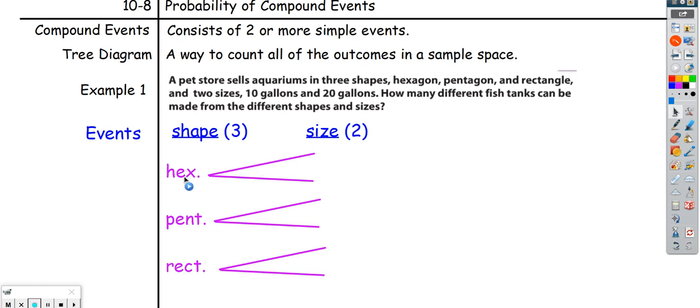Now, if I have a hexagon-shaped aquarium, I will have the option of having a 10 or 20 gallon size. If I have a pentagon shape, I will have a 10 or 20 gallon option. And if I have a rectangular shape, I will have a 10 or 20 gallon option.